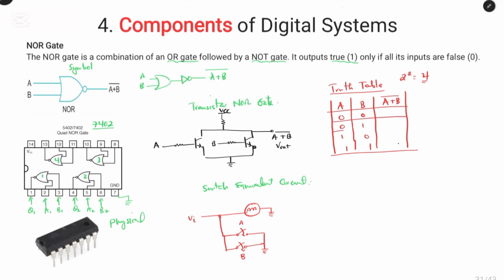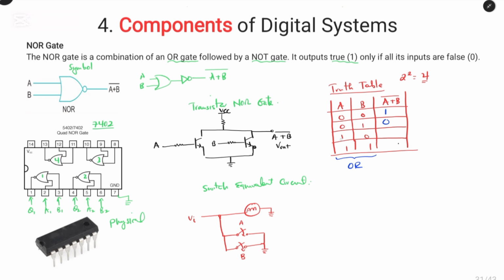And from this truth table, we can see from the OR gate, 0, 0 will give us 0. And if we invert the 0, it will now give us 1. And 0 and 1 for this OR gate will give us 1. And when we invert the 1, we get 0.